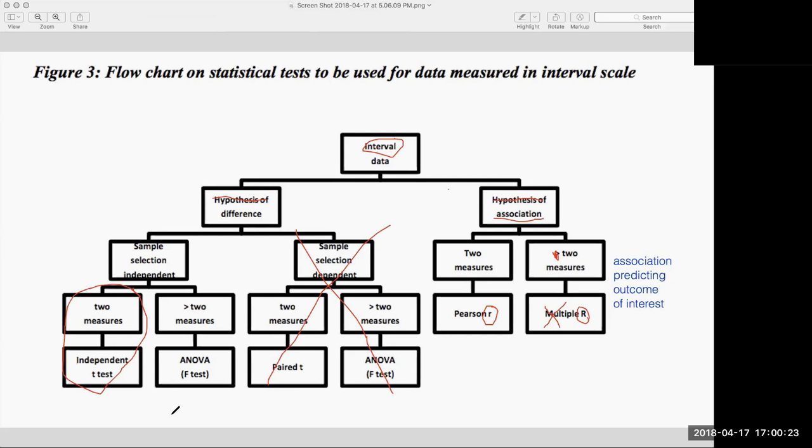Instead, you're comparing independent observations and looking at the difference in the averages or the means. This would be a two-sample t-test. It can be one-sided or two-sided.